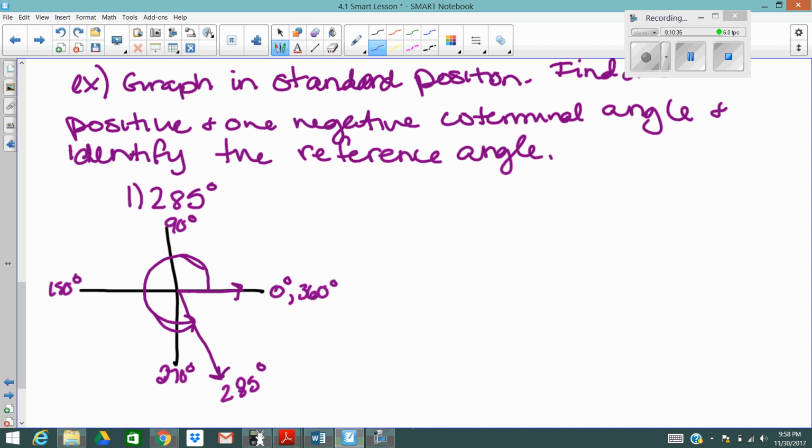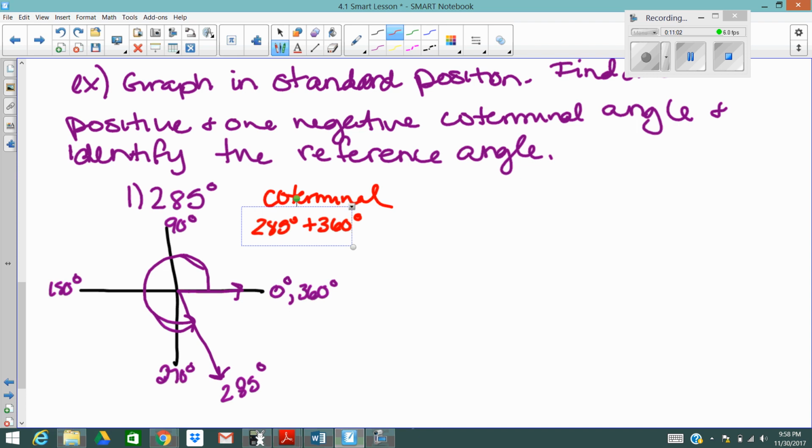So now let's find one positive coterminal angle and one negative coterminal angle. So to find one positive coterminal angle, all I have to do is add 360 degrees. So 285 degrees plus 360 degrees. I might have just said 180. If I did, that was a complete mistake.